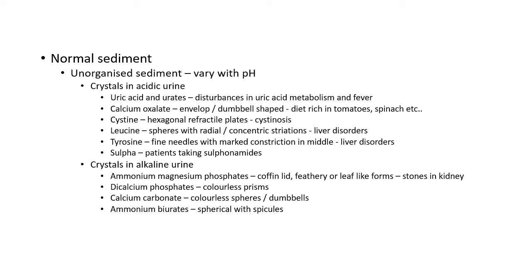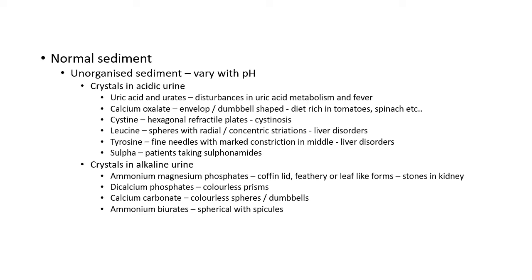Discussing unorganized sediments. Unorganized sediments are crystals of various substances present in the urine and they vary with pH of the urine. Crystals in acidic urine include uric acid and urates, which appear in disturbances in uric acid metabolism and fever.